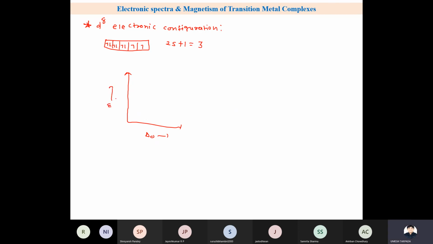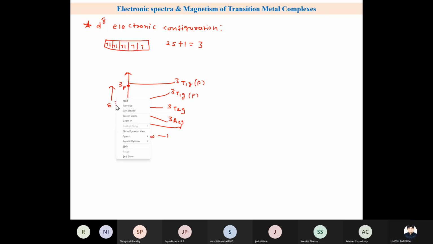This is your diagram. Here is the F term, called triplet F, and here is the triplet P term. The F term is split into triplet A2G, triplet T2G, triplet T1G, and the P term becomes triplet T1G P. So how many transitions are possible? 3.